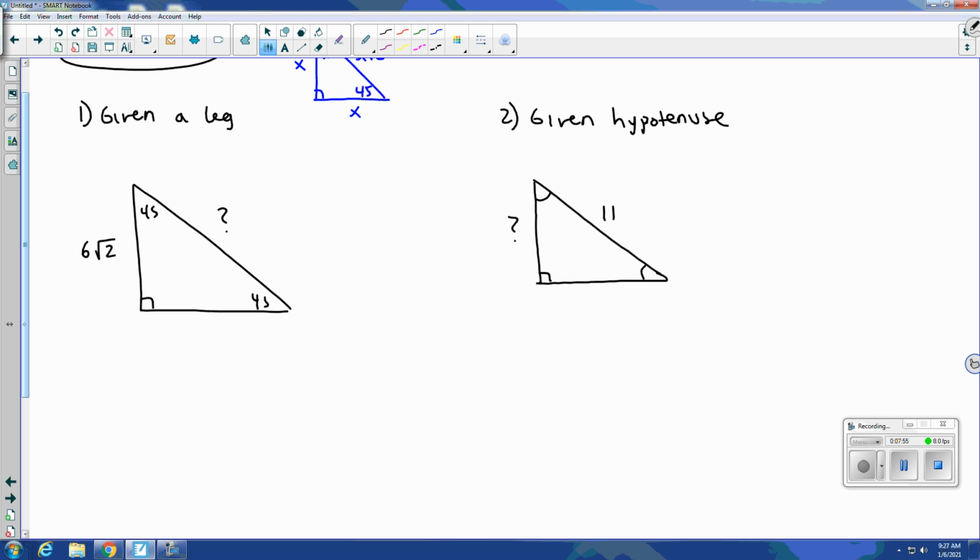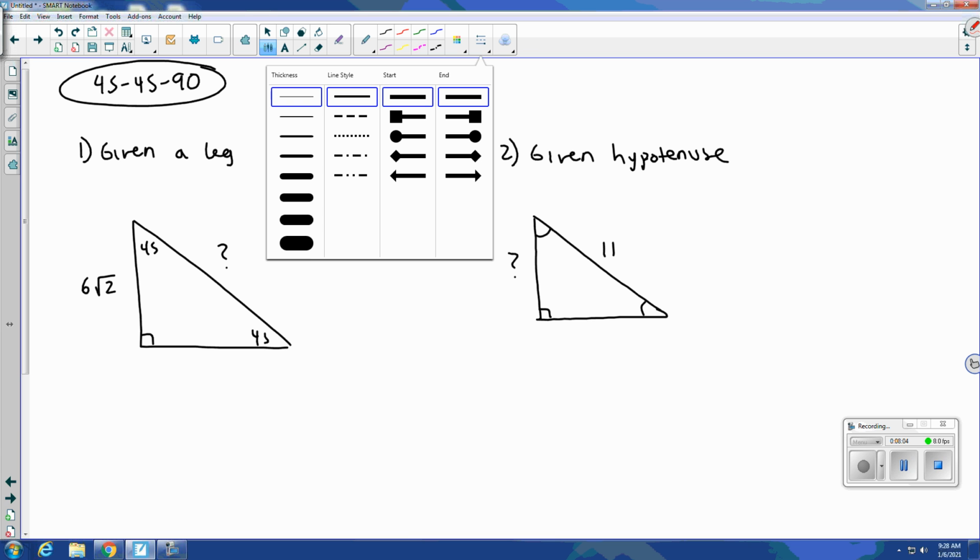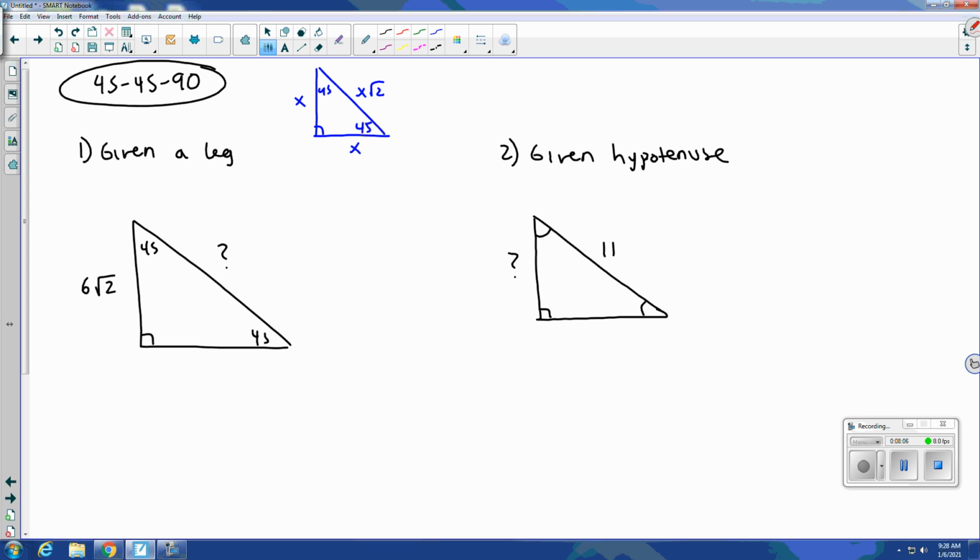use Pythagorean theorem. But if we want to use the reference triangle to get a good handle on how to use special right triangles, what you're going to do is the following. You are going to say that this leg that is given associates with this side here. So if x on my reference triangle is 6 root 2, then the hypotenuse, which is what we're looking for, must be that x value times the square root of 2.